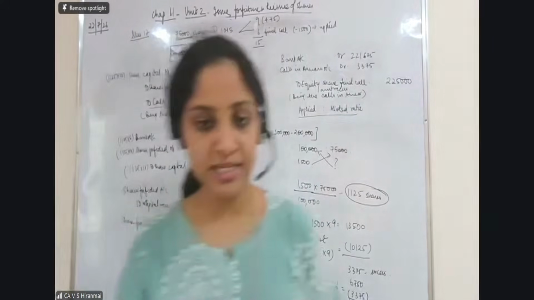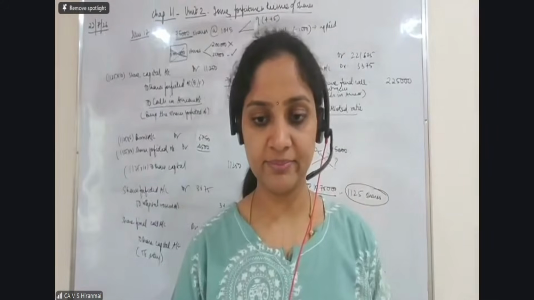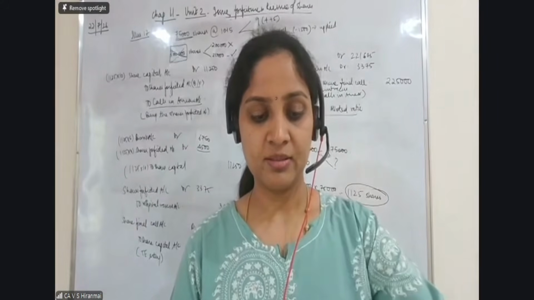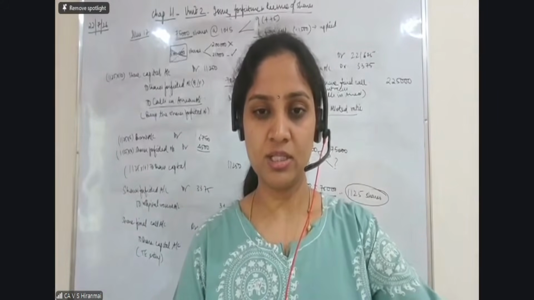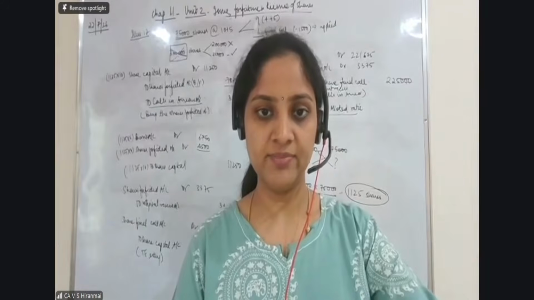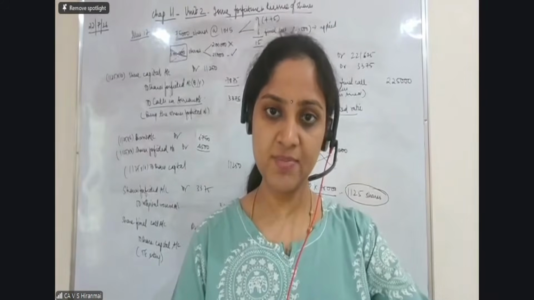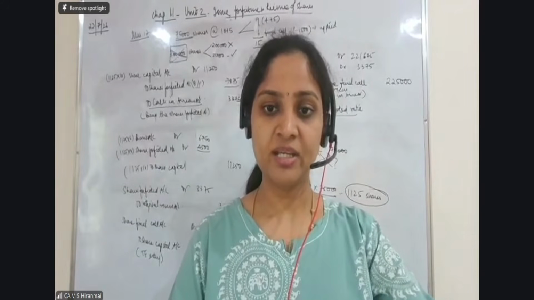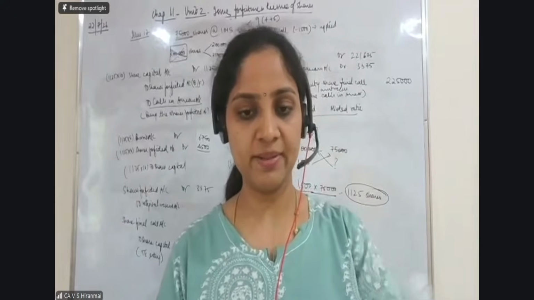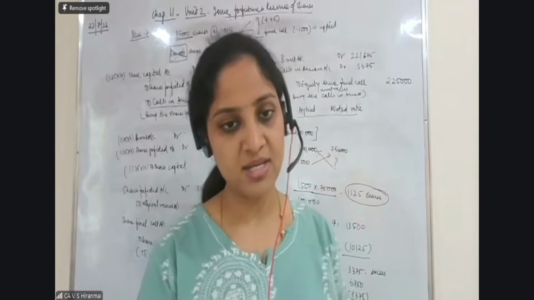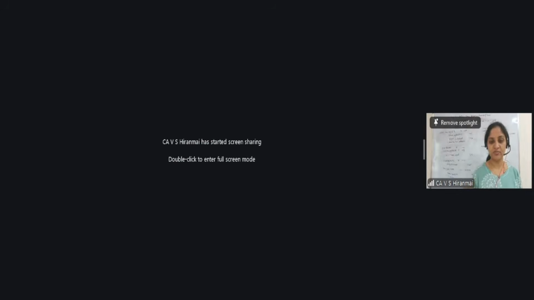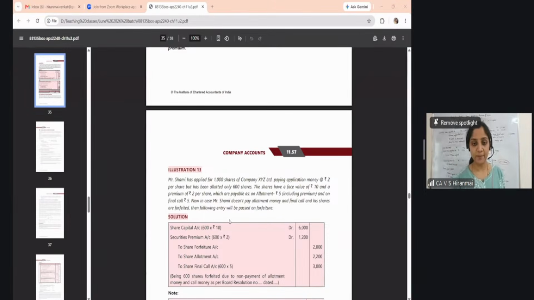Now we go to illustration number 13, wherein the same question has come in a much simpler way, but it is the same concept where you have to do this working note. Mr. Shami has applied for 1,000 shares, paying application money, but has been allotted only 600 shares.